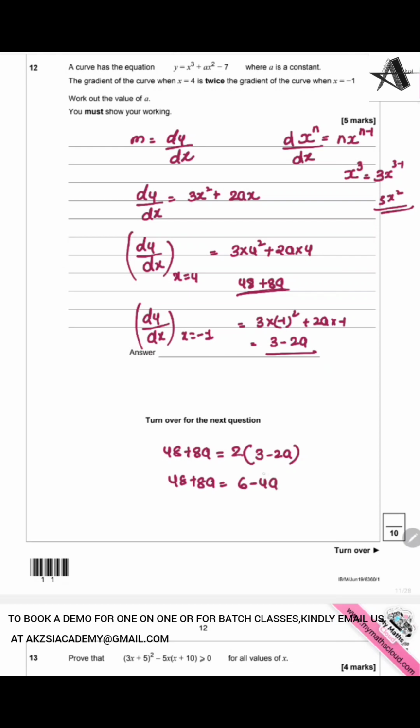Now bring a to this side and the number to that side. This will be 12a equals minus 42. So a is minus 42 over 12, which can be simplified to negative 3.5. So the final answer is negative 3.5.